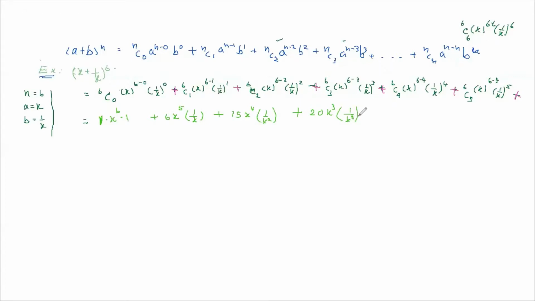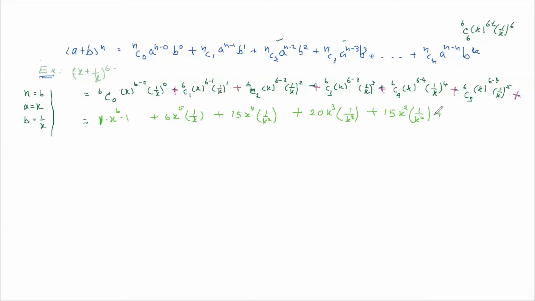Plus 6C4 is 15, and then x, 6 minus 4 becomes power 2, times 1 over x power 4.